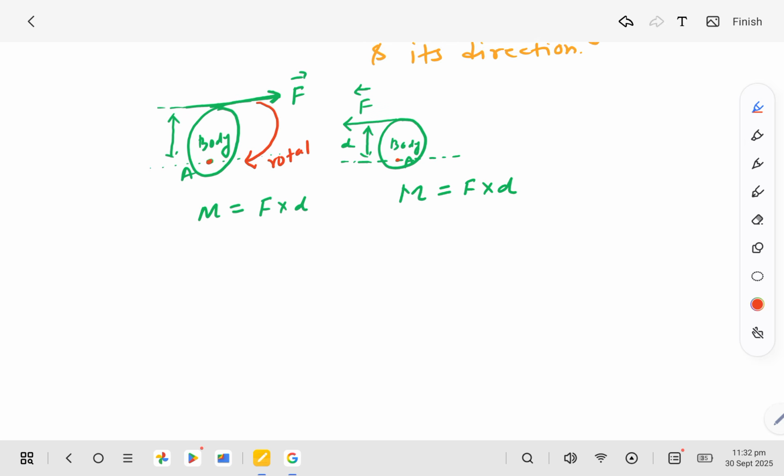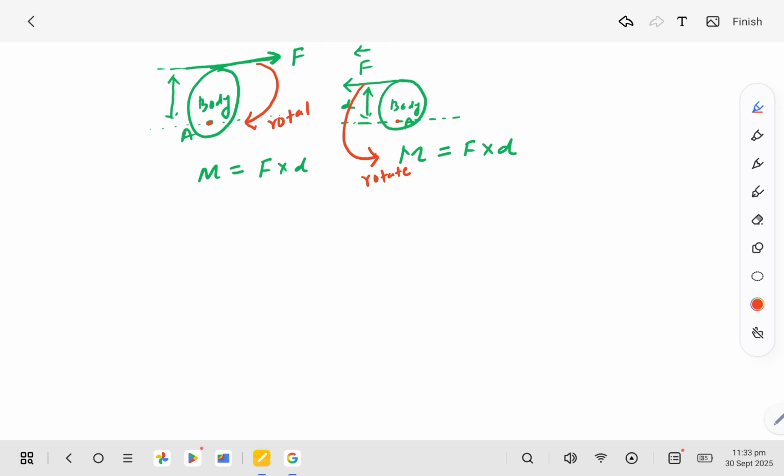This force has a tendency to rotate the body about this point in this direction. So both forces have different tendencies to rotate this body in this plane.